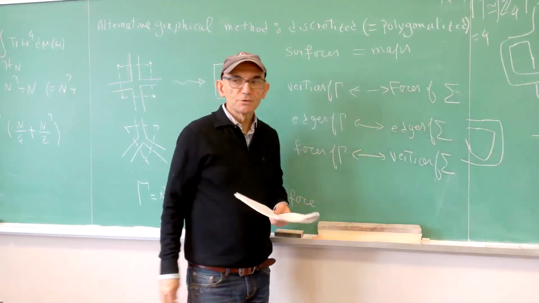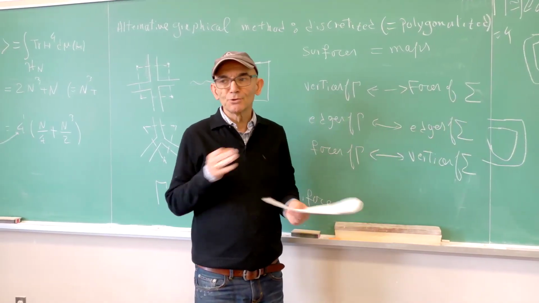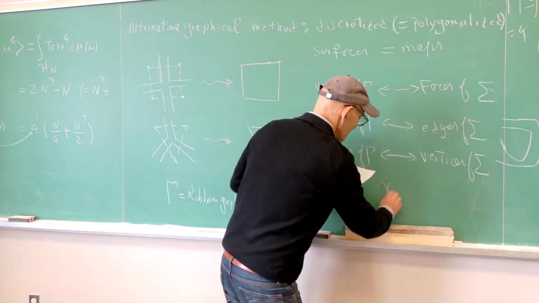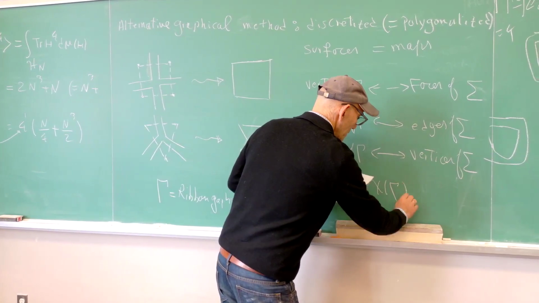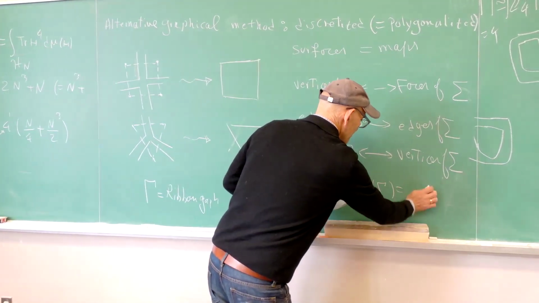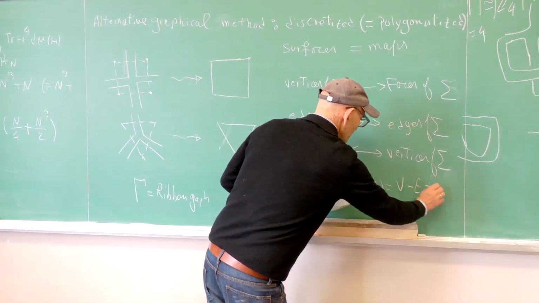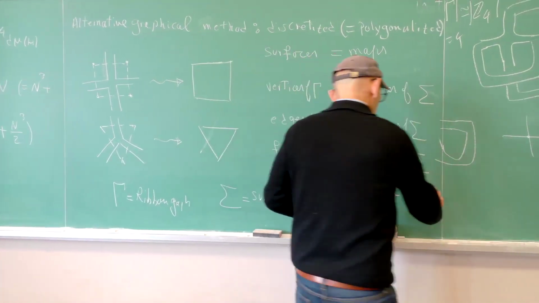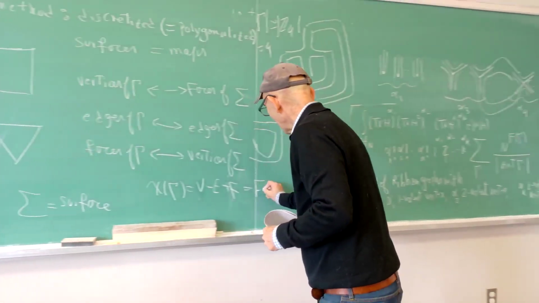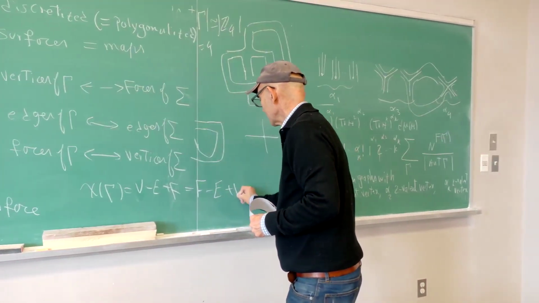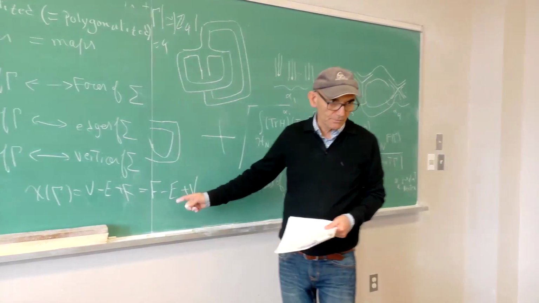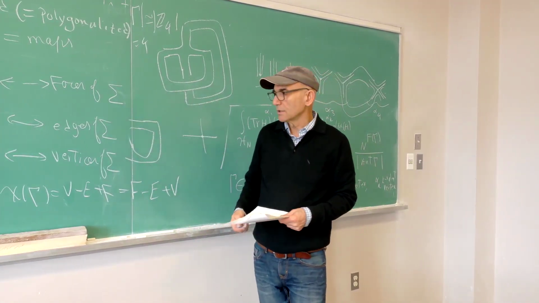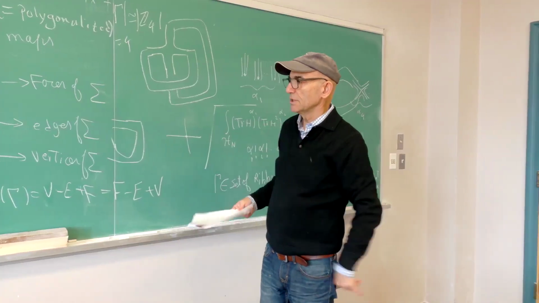So if you compute the Euler characteristic by either method, you get the same answer, because chi of gamma is the number of vertices minus edges plus faces, which is equal to F minus E plus V. That's what happens by this. So you get the same Euler characteristic, the same genus.